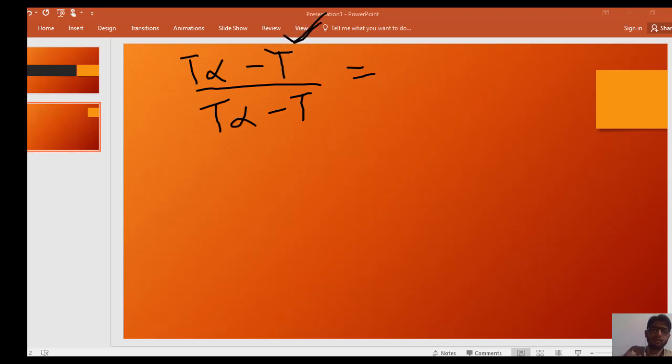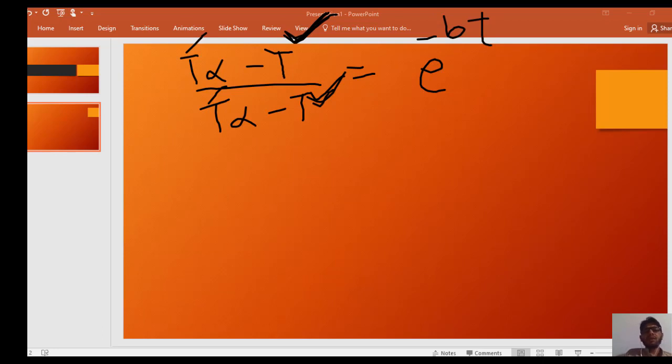These are the variable temperature, and these are the temperature of the surrounding, which is constant. So it is equal to e to the power minus B into time for the heat transfer.